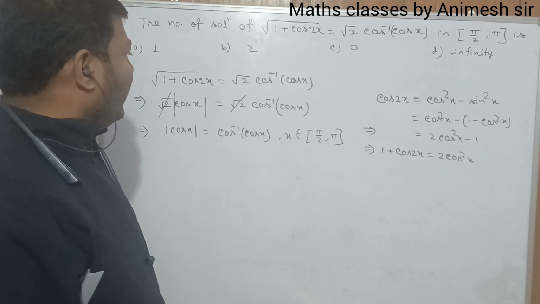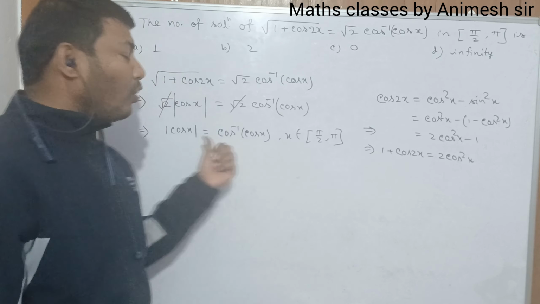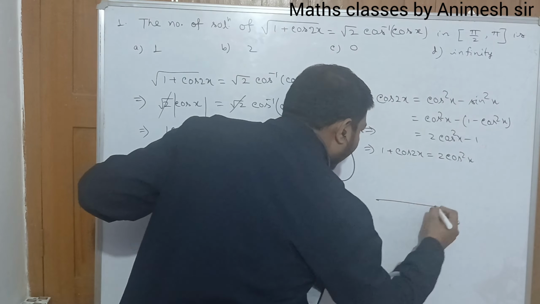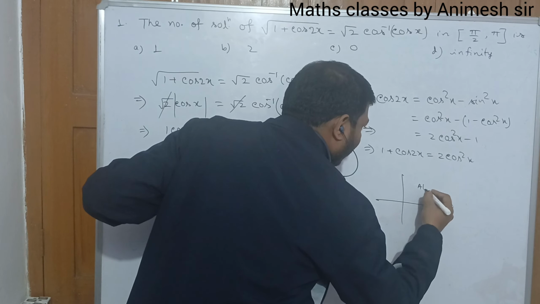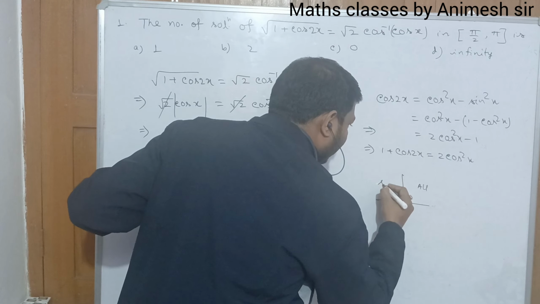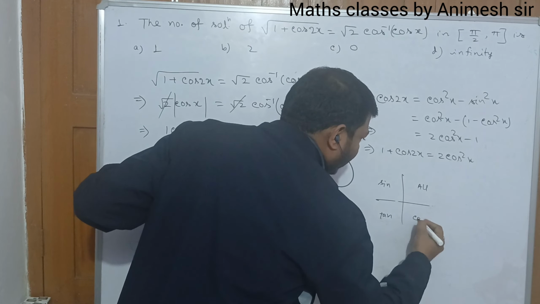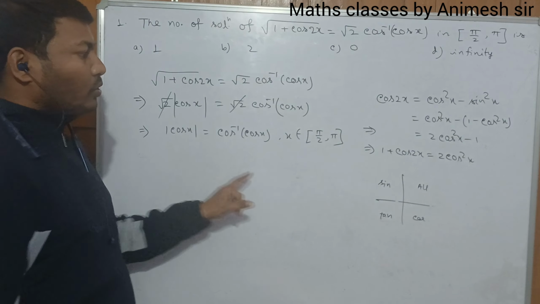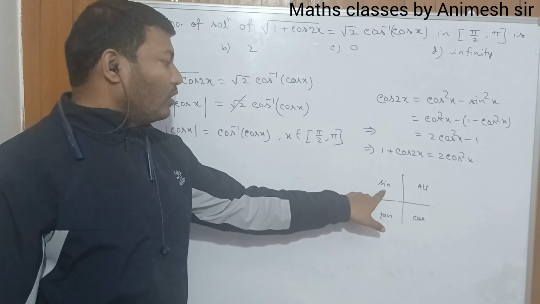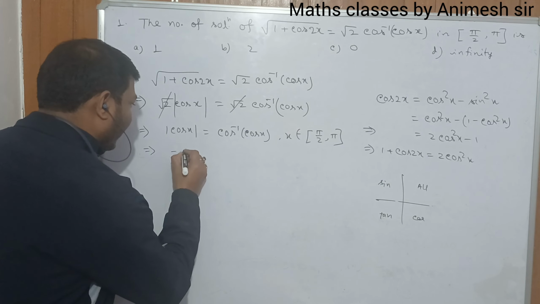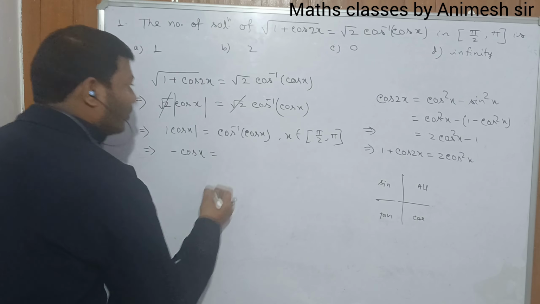Now in the second quadrant cos is negative. All sin tan cos: in the first quadrant all positive, in the second quadrant sin positive, in the third quadrant tan positive, and in the fourth quadrant cos positive. So in the second quadrant cos is negative, so this will give minus cos x equals cos inverse cos x.